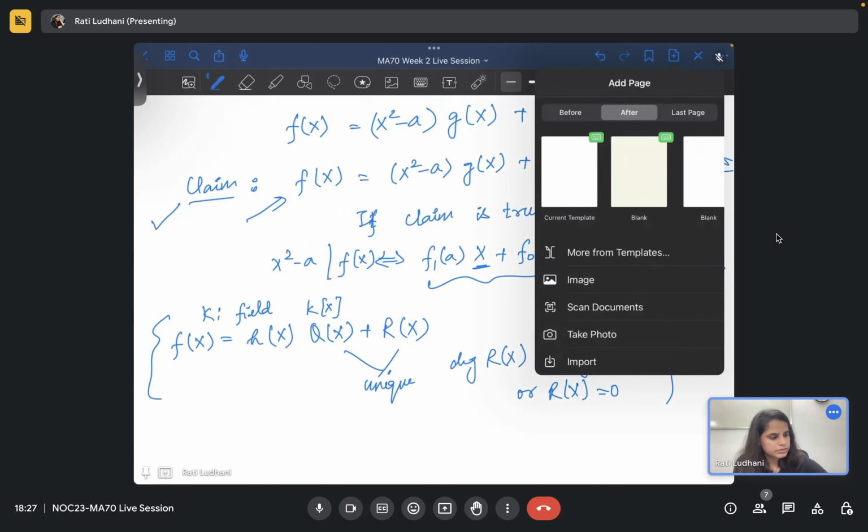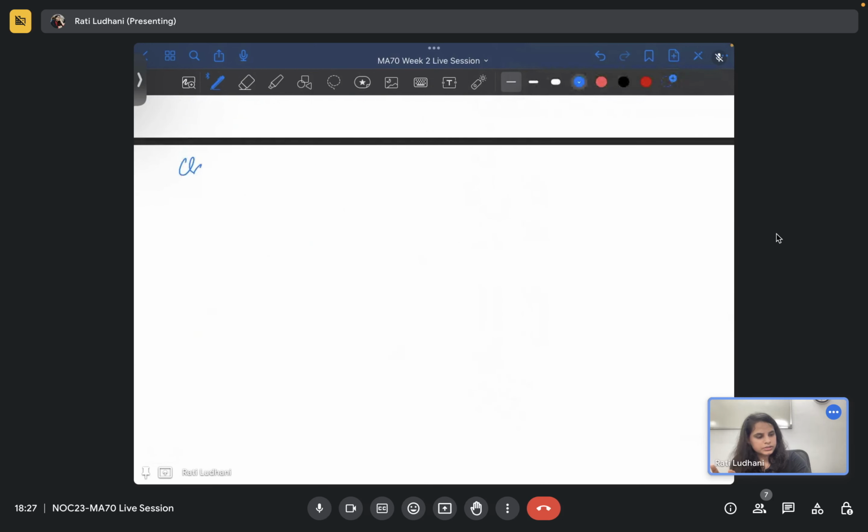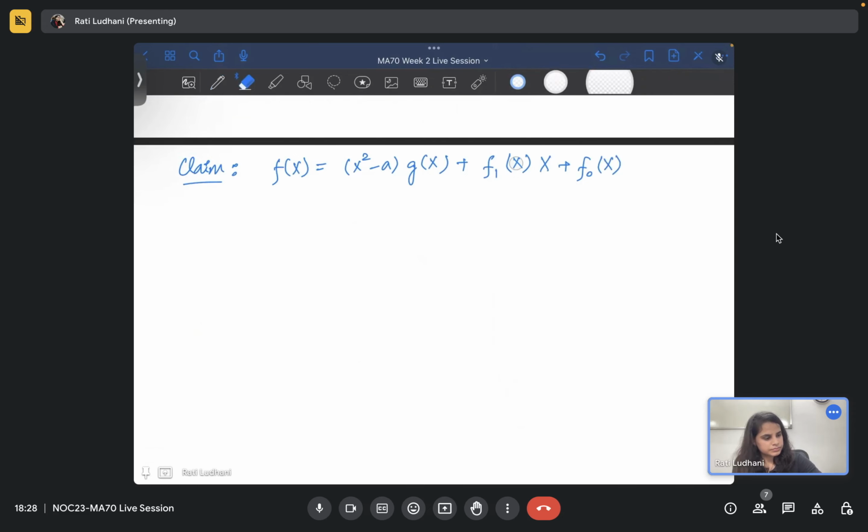Okay, so the claim is f(x) is equal to (x square minus a) g(x) plus f1(x) plus f0(x). Sorry, not x, but a: f1(a) and f0(a). Here g(x), I don't know any information about g(x), so I'll just say it belongs to k[x], since this is one variable.